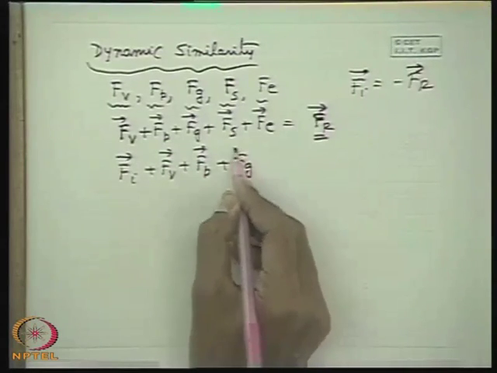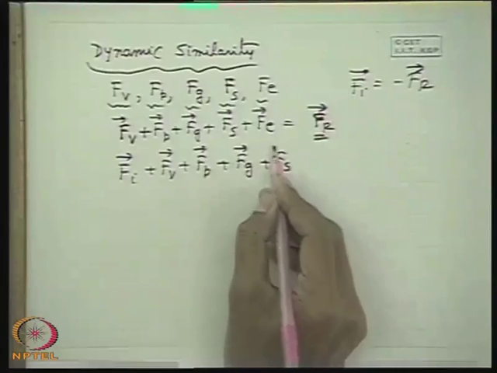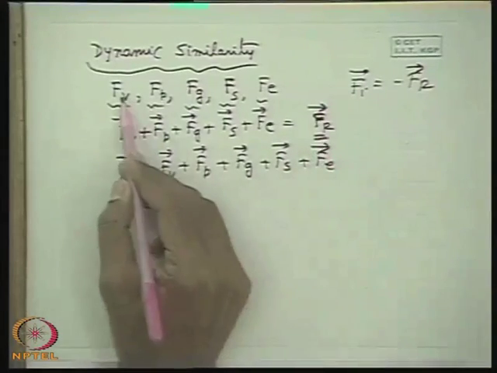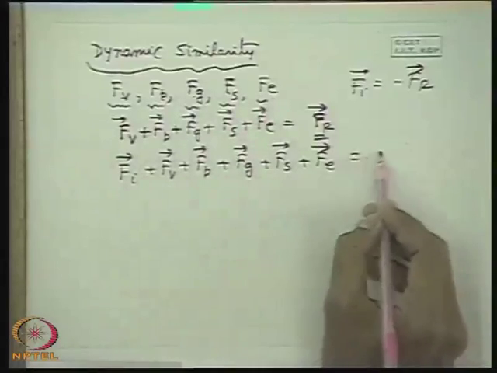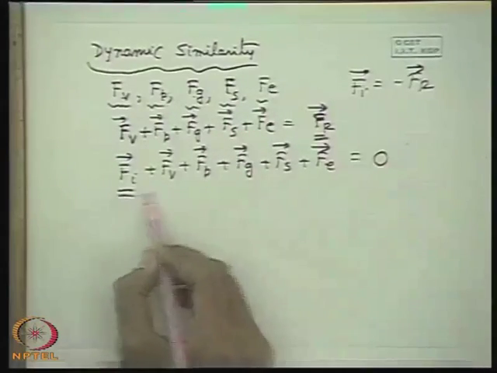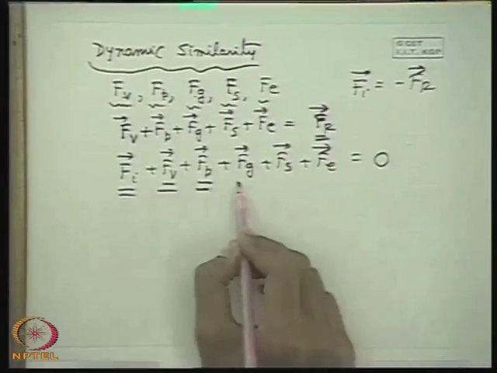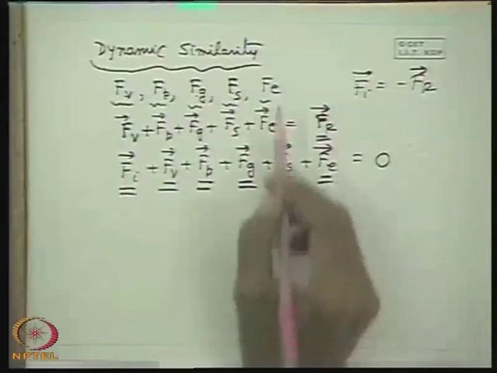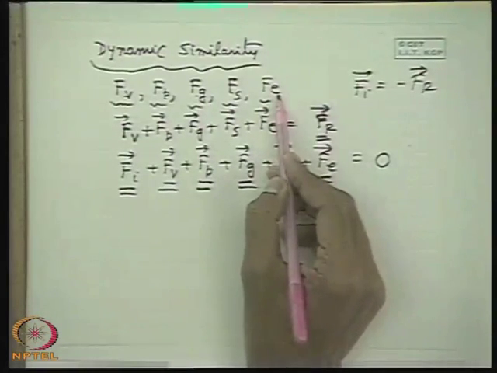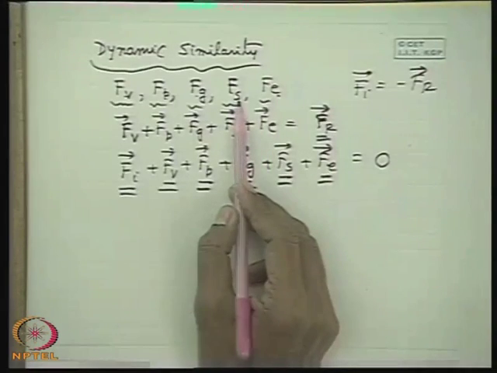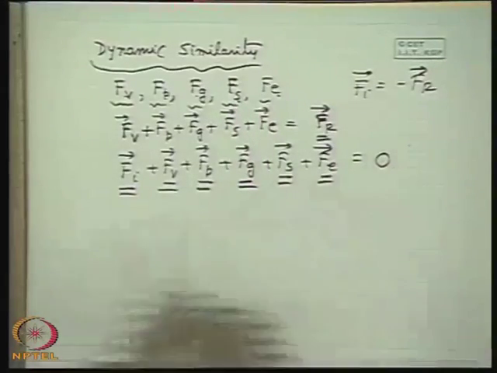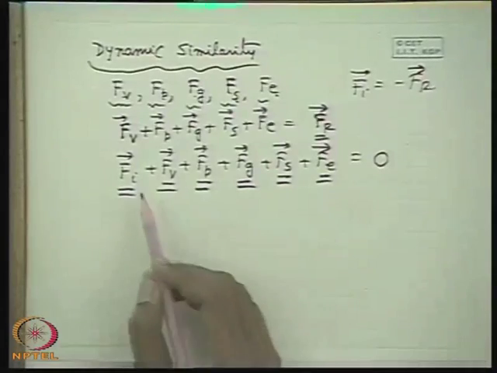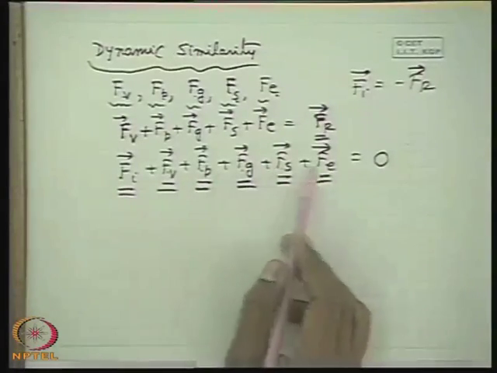The force balance equation in general for fluid flow problems which encounter only these types of forces can be written like this: inertia force plus viscous force plus pressure force plus gravity force plus surface tension force plus elastic force is 0. I am not writing everything; I will come to them one by one. So we have 1, 2, 3, 4, 5, 6 forces.